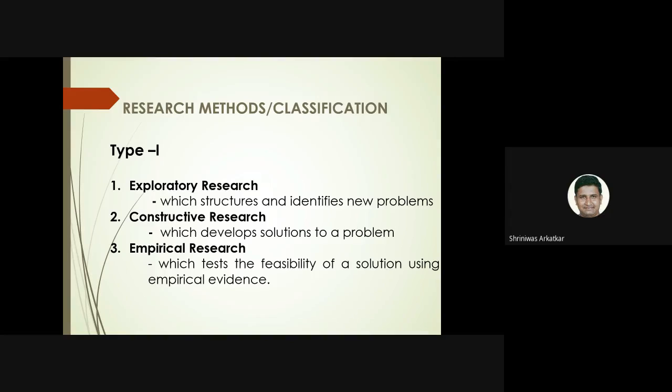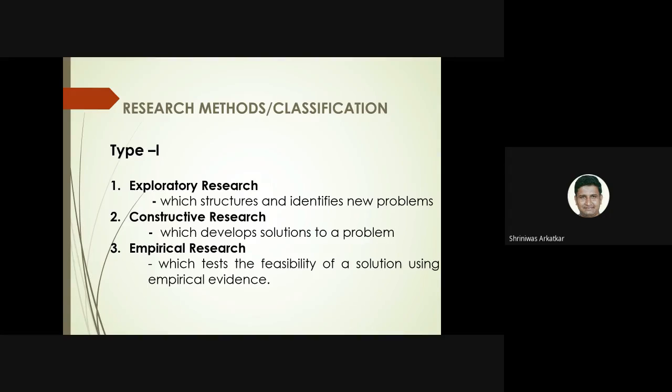For example, pharmacy people can definitely talk to many pharmaceutical companies. Zydus is there, Torrent is there, and so many companies. They should be in a position to really fund you.